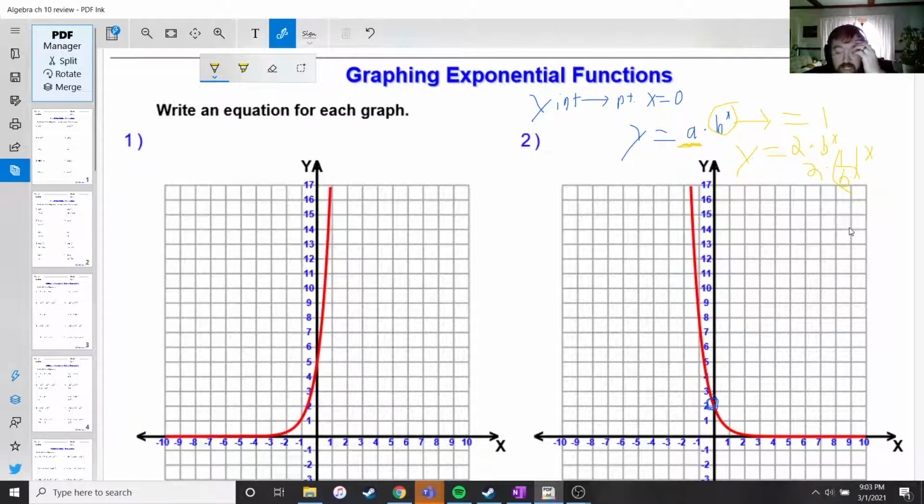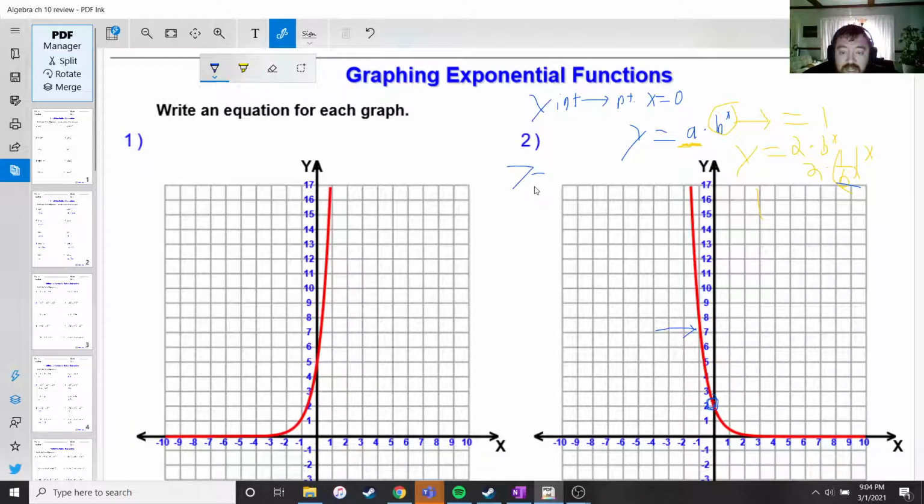What we want to do is solve for the b here, right? So we could look at this point right here, and it's not negative 7, it's a positive 7.